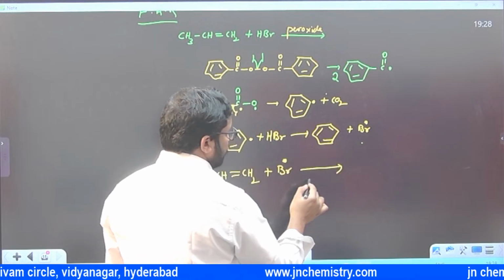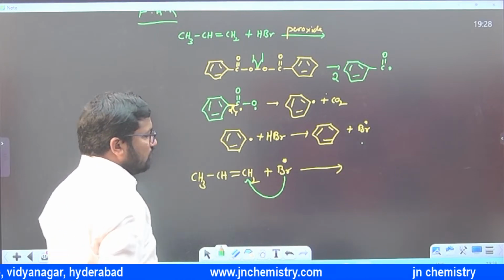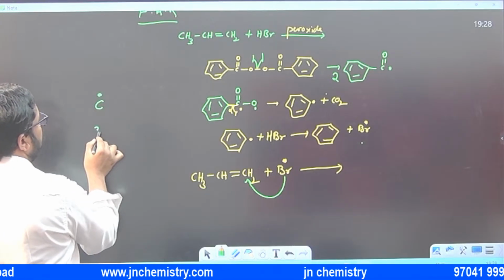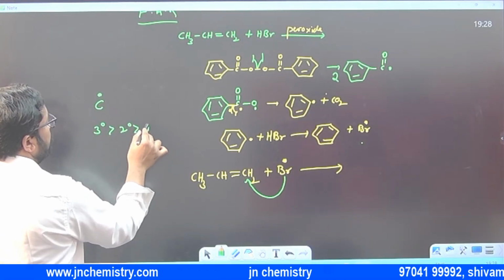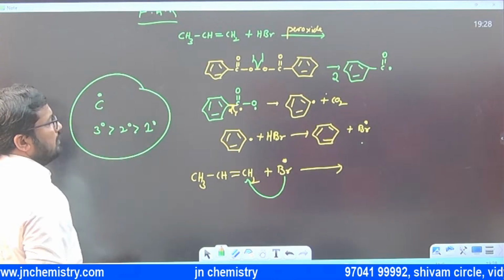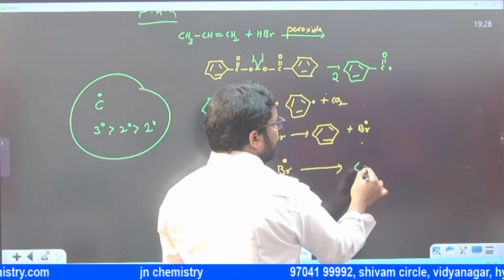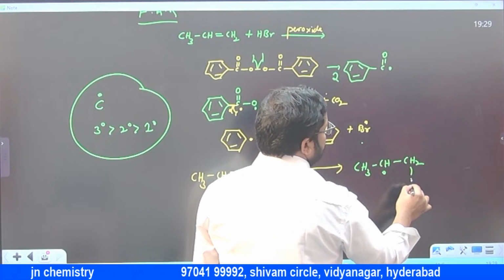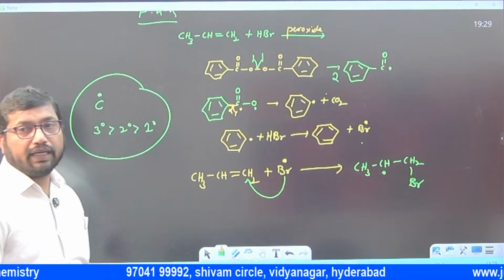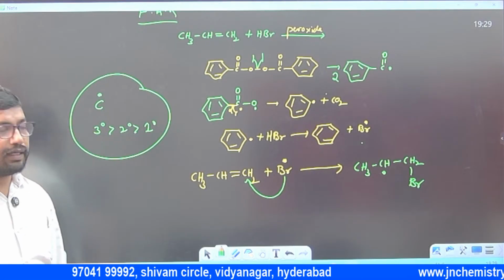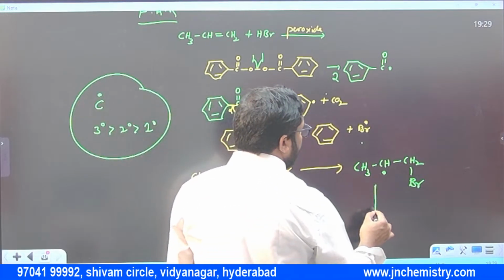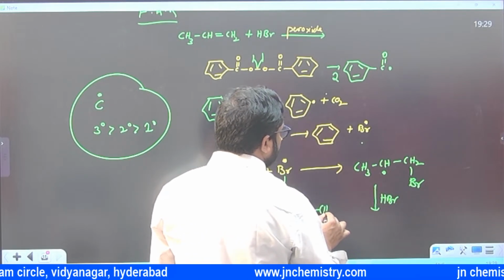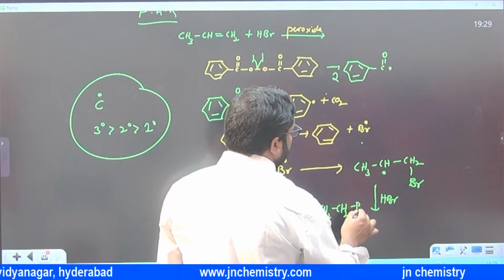The Br radical has two options over here, but it attacks at this position because in this case we form a carbon free radical, and 3 degree is greater than 2 degree, then 1 degree. Particularly, if it attacks the first position, we get CH3, CH radical, CH2Br, a 2-degree carbon free radical. Then once again we add HBr. H comes and attacks there, giving CH3, CH2, CH2Br as the major product.